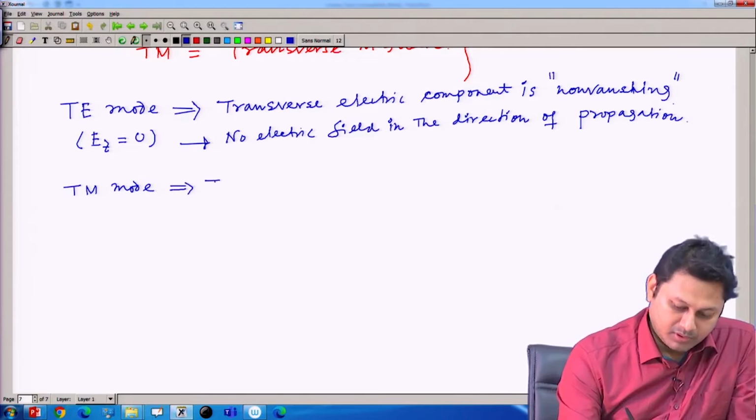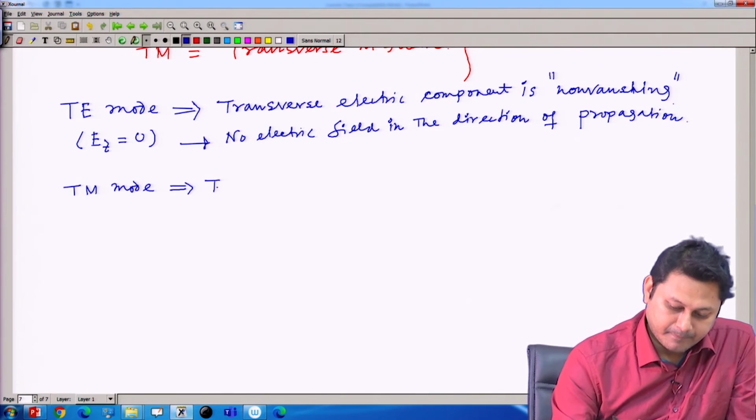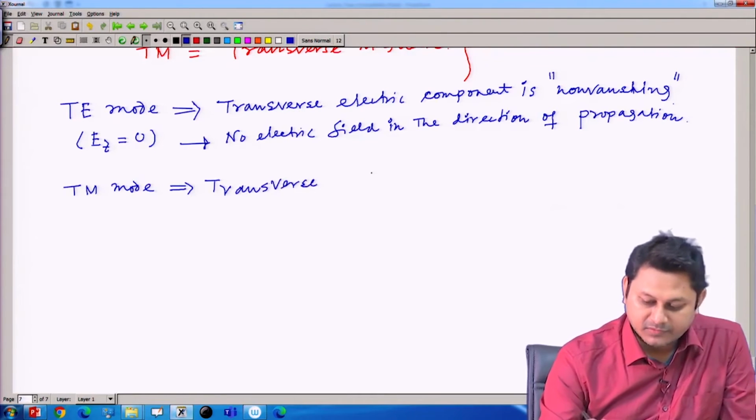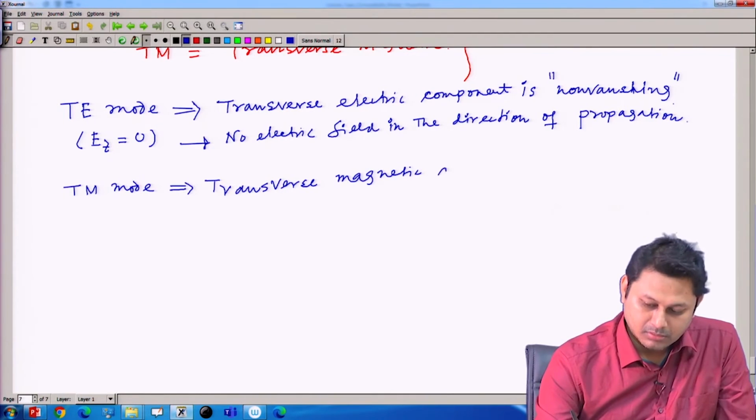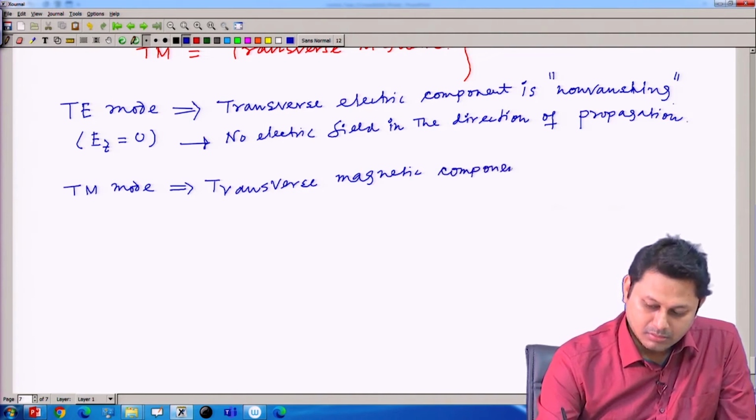So, TM mode means the transverse magnetic component is non-vanishing.